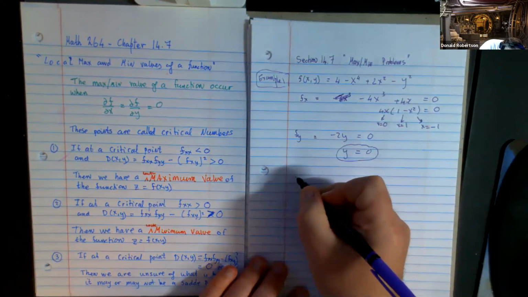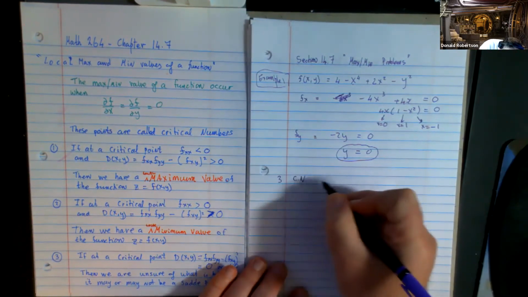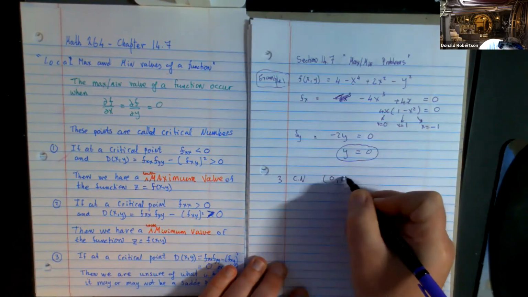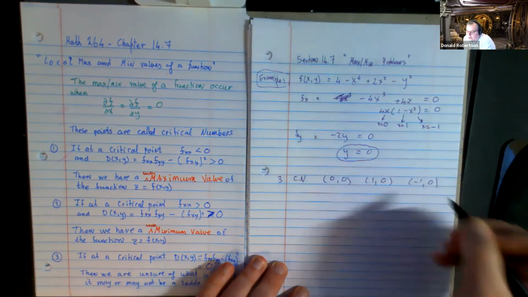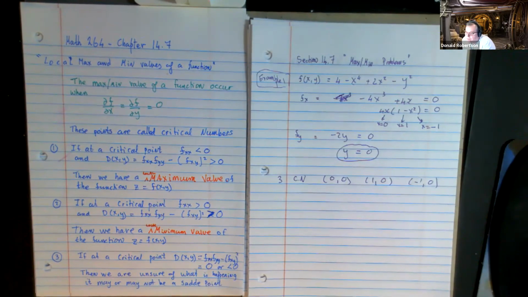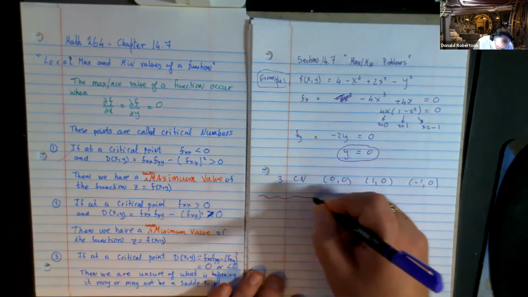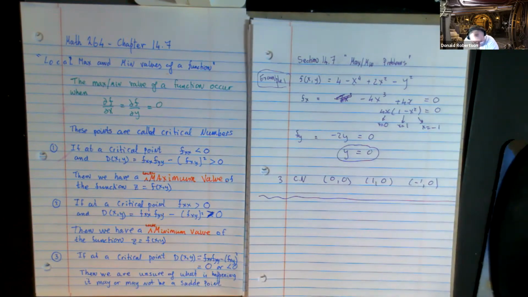So when you put this together, there are 3 critical numbers, and they are (0, 0), (1, 0), and (-1, 0). Are you comfortable with how I found those 3 critical numbers? Yeah, okay, so if you want to call it a step, that's step 1.